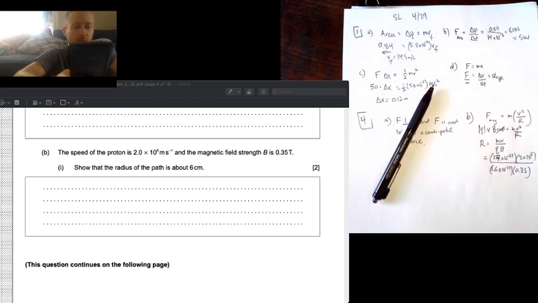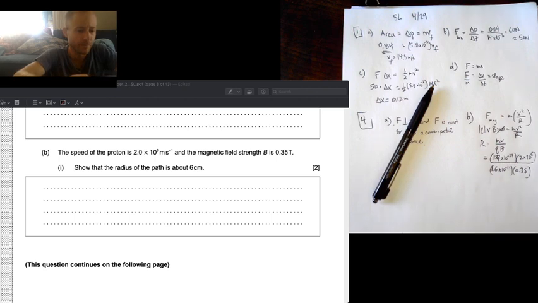And so I will work it out. 1.7 times 10 to the negative 27. Oops, I goofed.